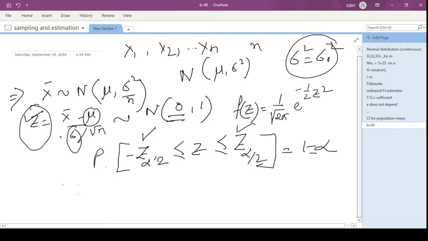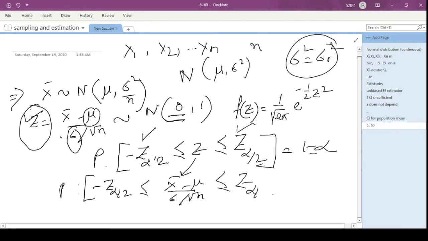So this means P of minus z alpha by 2 is less than equal to, now we translate this to x bar minus mu by sigma by root n, which is less than equal to z alpha by 2. This is again equal to 1 minus alpha, right?